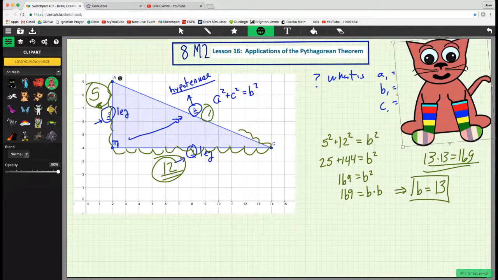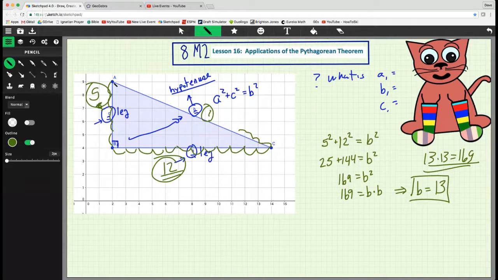Good work. So sometimes we're going to see these applications on a coordinate plane. And the whole key when you're dealing with rectangles or triangles on a coordinate plane is you're going to have right angles at these corners.